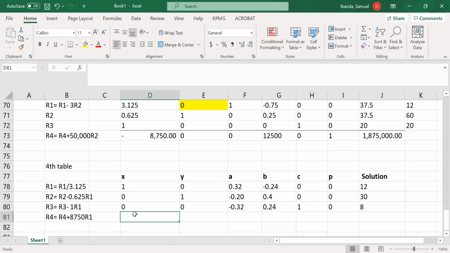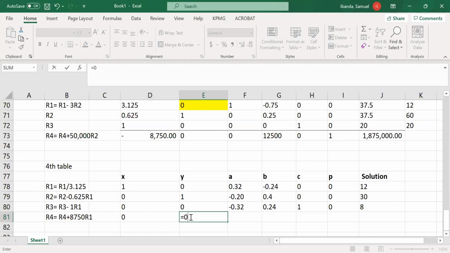So they need to factor in R1 when you determine the new row. Okay. So it means that this will now be the old 8750 plus 8750 times 1, because my R1 is 1, which gives me a 0, which is my target. So let me see this.